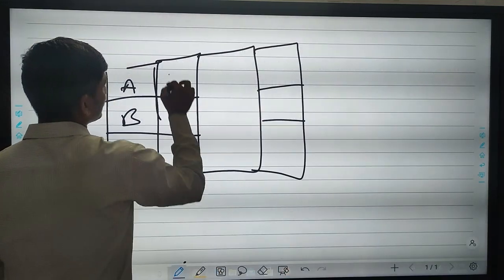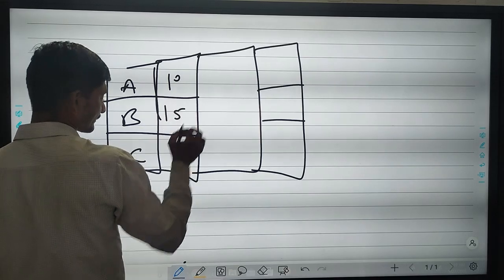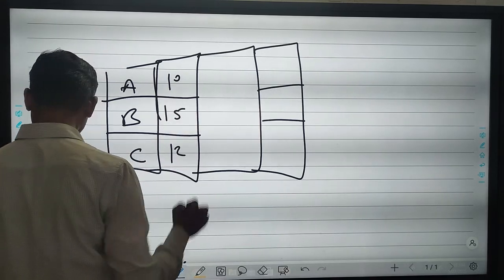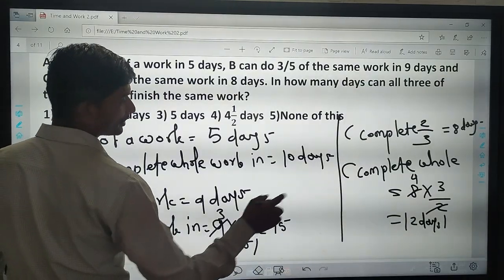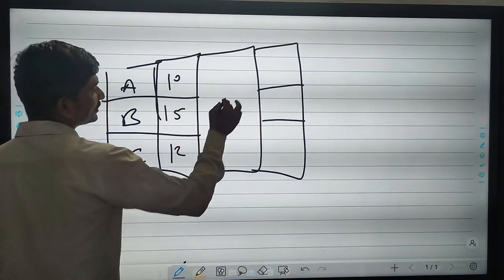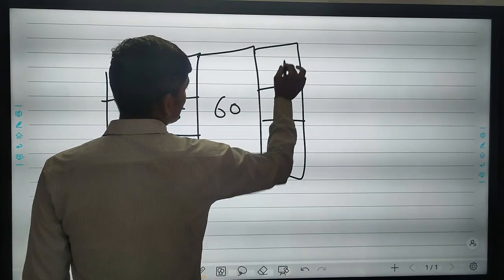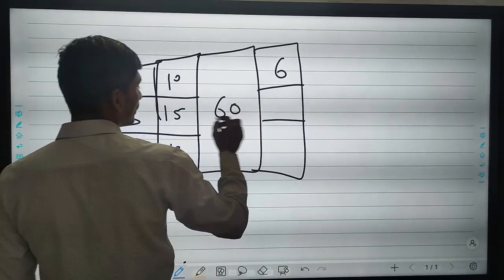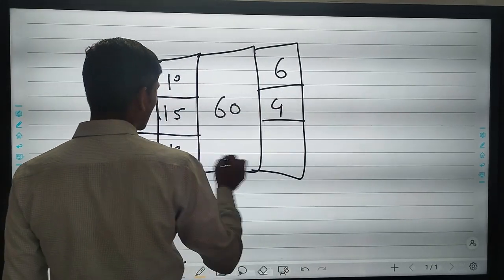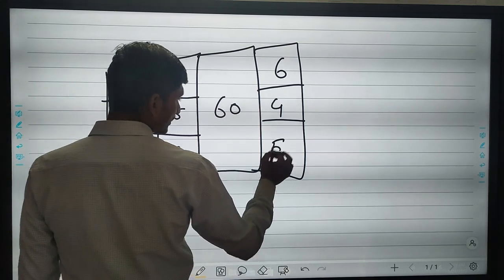Now here the LCM of these 3 is 60: 10 into 6 is 60, 15 into 4 is 60, and 12 into 5 is 60.